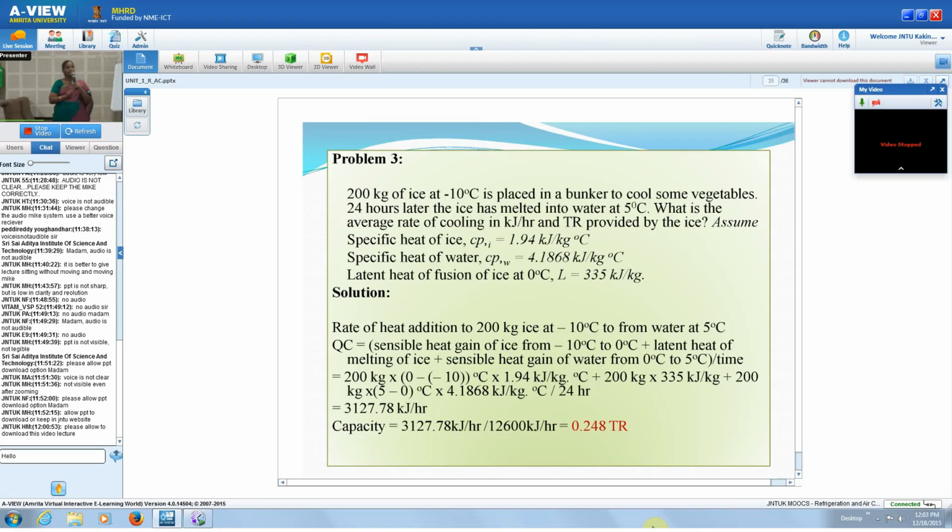Because in this problem the ice is at minus 10 degree centigrade, whereas in the previous problem the ice is to be formed at only 0 degree centigrade. So with the addition of this you will get m Cp delta T for ice separately and m Cp delta T for water separately, and then mL should be added in both the terms.